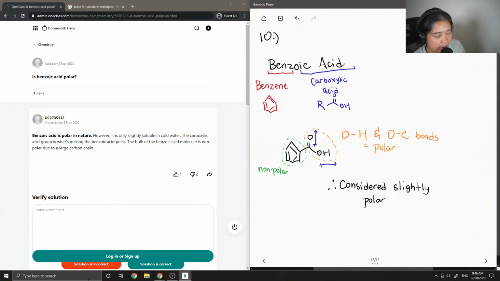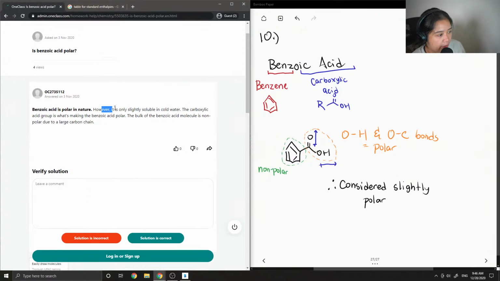So the junior tutor said that benzoic acid is polar in nature, however, it is only slightly soluble in cold water. Carboxylic acid group is what's making the benzoic acid polar, and the bulk of the benzoic acid molecule is nonpolar due to a large carbon, not really chain, more like a ring. So I'll say this solution is correct.